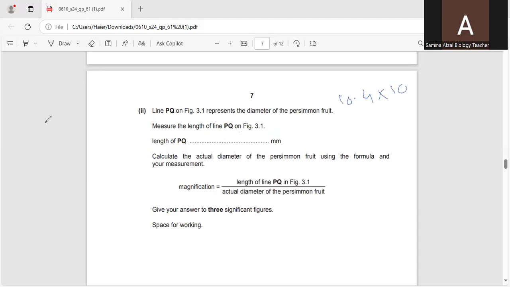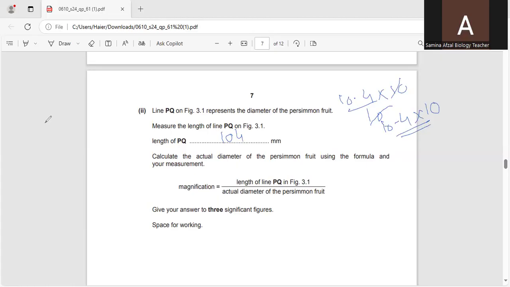When we multiply 10.4 with 10, the answer will be 104 millimeters. Simply, you can multiply 10.4 with 10, so the answer will be 104 millimeters.